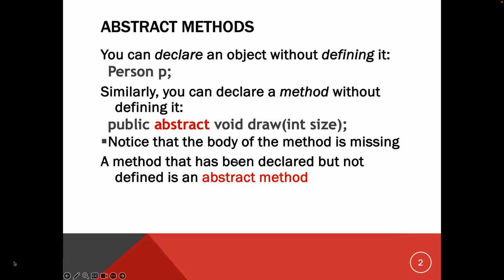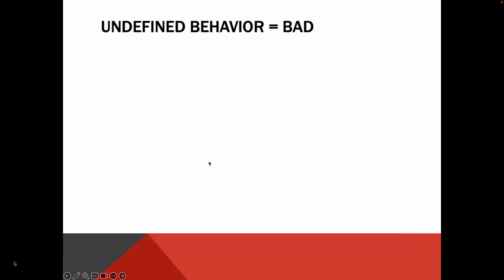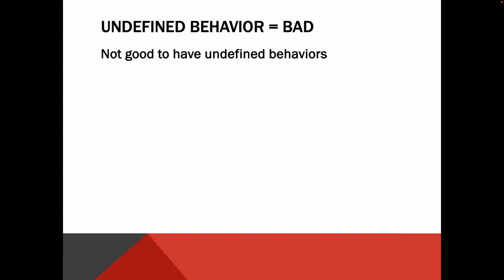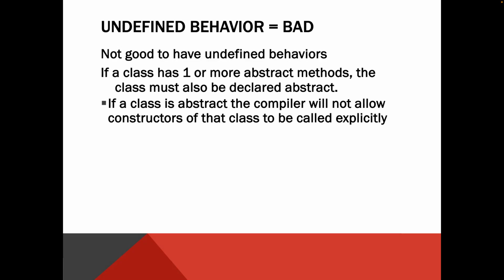So anytime where a method is declared, but you don't have enough information to define it or to add the body of that function, it's called an abstract method. And Java is going to get in your way. Like I said, it's not good to have undefined behaviors. What happens if an undefined method gets called? Java doesn't know, and it's not comfortable with uncertainty, so it's going to get in your way.